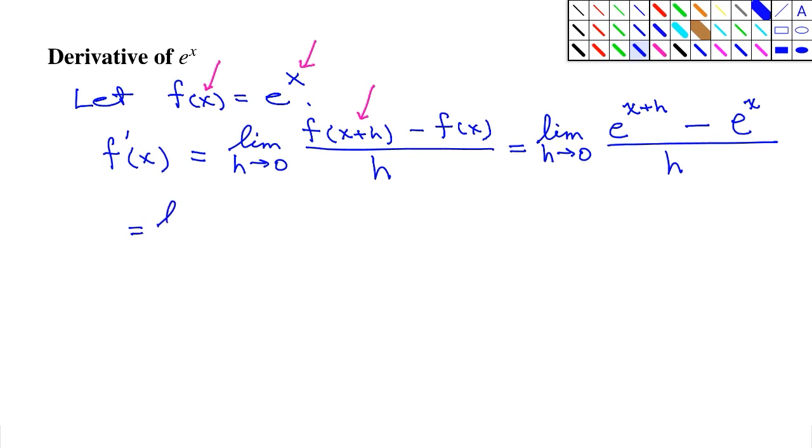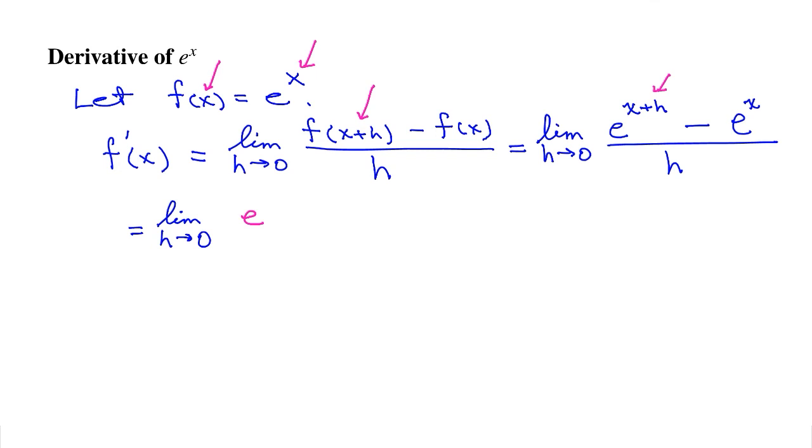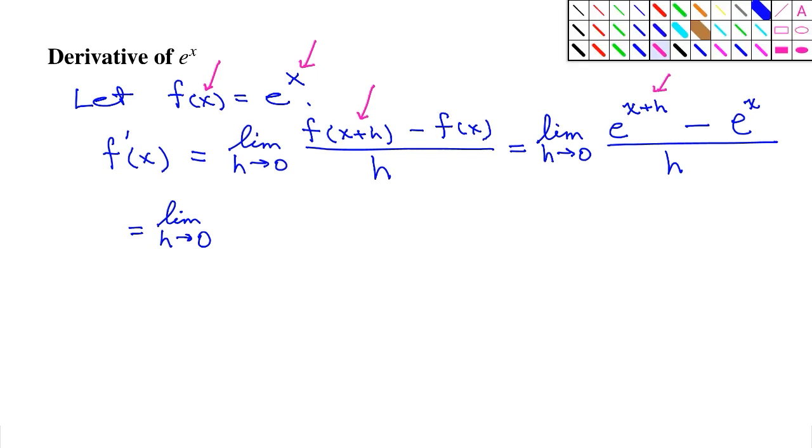So we're going to have the limit as h goes to 0. The first thing I'm going to do is split up this first term, this e to the x plus h power. Since the exponents are added, that means that they came from e to the x times e to the h.